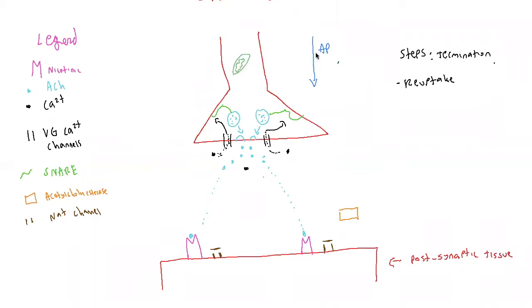These are pumps on the presynaptic neuron, and what they do is they basically take back up the neurotransmitter. We call this process reuptake. And you're probably saying, okay, what's the benefit to that? Well, recycling. Because if you can take back something, you can reuse it again.